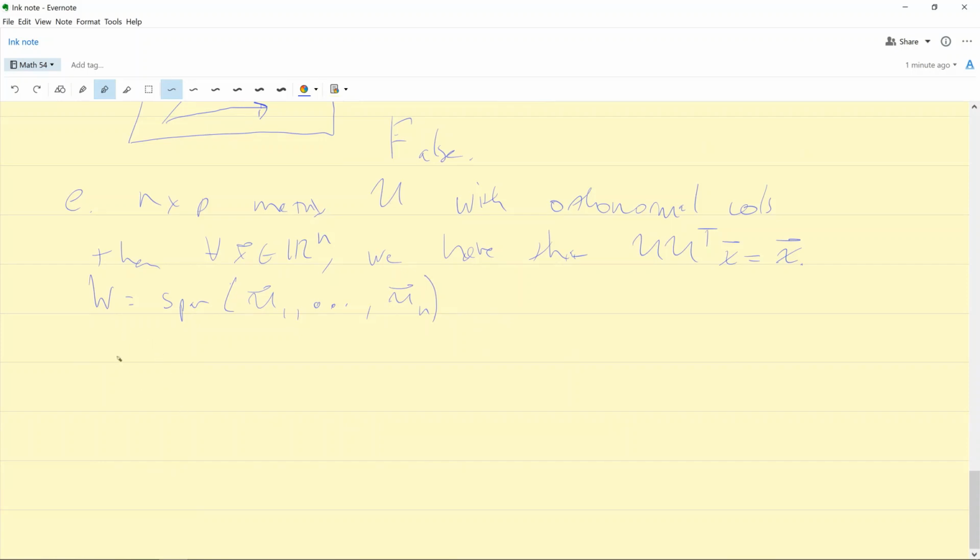So what we have now is the projection of x onto W is equal to x itself. So when is this true? If the projection of this is actually equal to itself, that's going to tell us that this vector actually lies within our subspace.